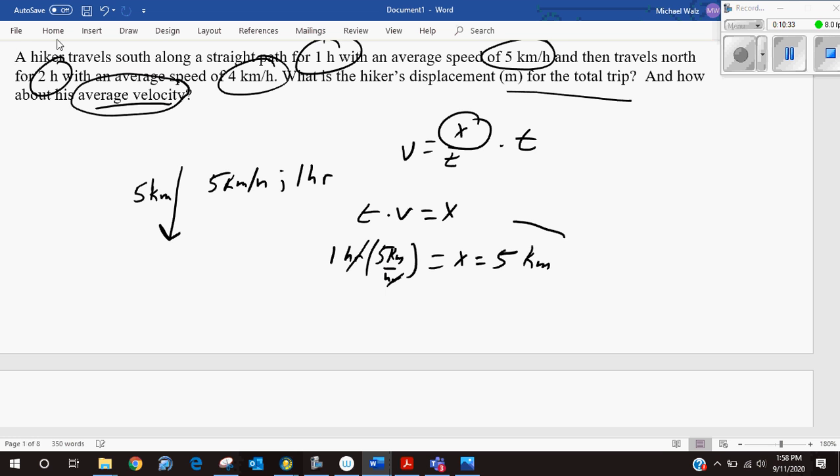kilometers. It's probably good that I did show you that, because these numbers are pretty simple, and that doesn't mean that all of your numbers are going to be that simple. So you're using this formula like an average velocity.